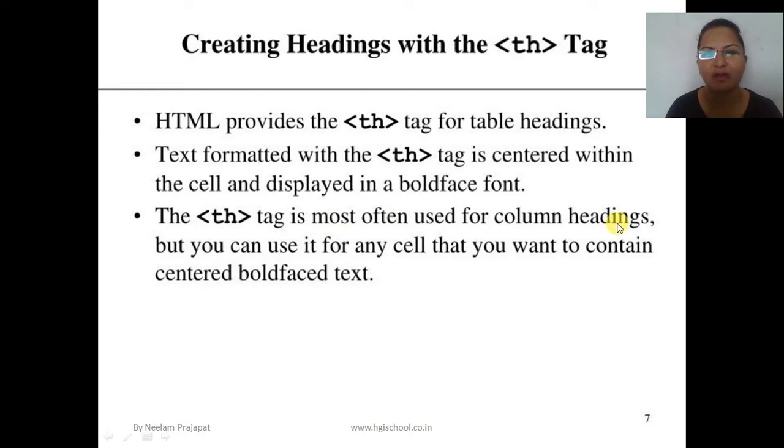You know very well, column headings look different from the table data, and that is why we use th here. So the headings of every column will be in the center and slightly bold. But you can use it for any cell that you want to contain centered boldface text. Wherever you want bold or centered text, you can use it. Sometimes you might have seen that the whole of the first column is in bold. At that time we can use this.